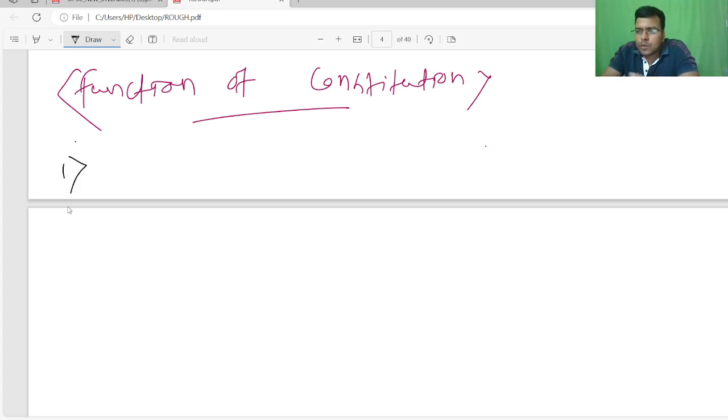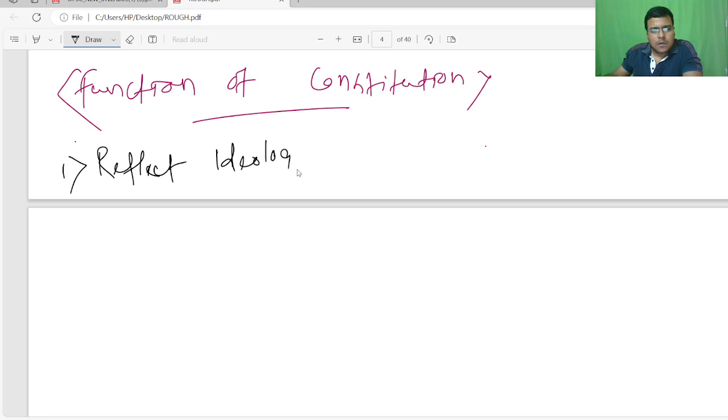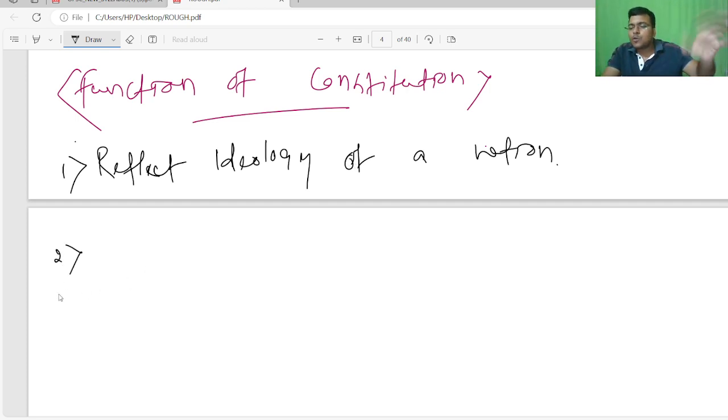Function of constitution. Okay, so now we know these are the definitions of the constitution. Again, we should know what type of function a particular constitution performs. Yes, we can say it reflects the ideology of a nation.